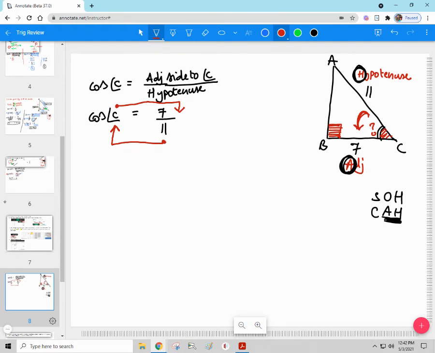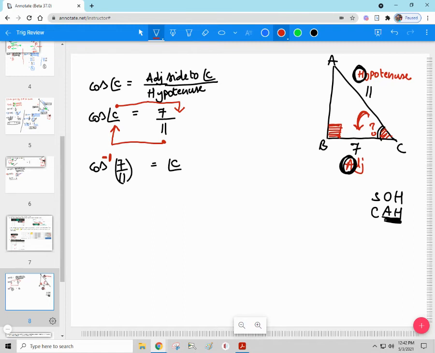So technically you have to swap these two values. Then it looks like cos 7 over 11 equals angle C. When you do this, an important thing is you have to put the inverse sign to the trig ratio.